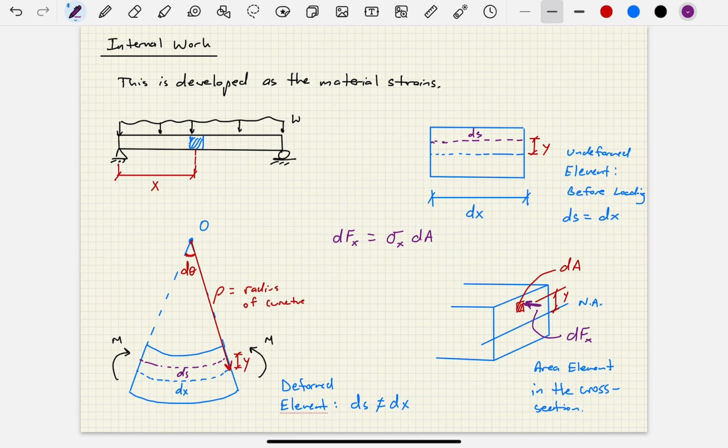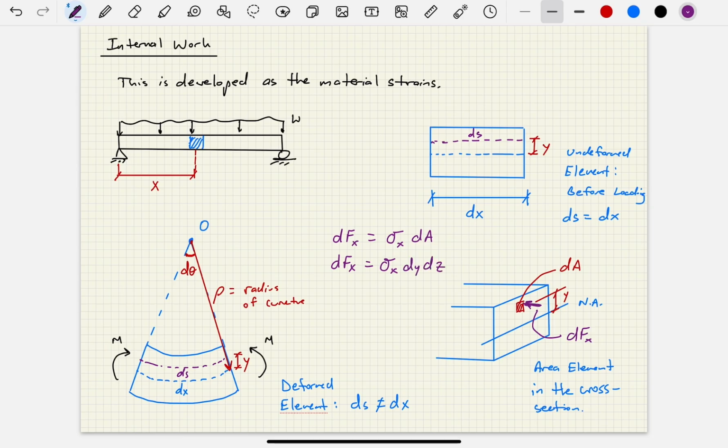Now, I can break this dA down into a dy and a dz here, okay? So remember, this is an area. It's going to have a dimension dy and dz. So I can break that down as well. I can say dF sub x equals sigma x times dy dz, all right?